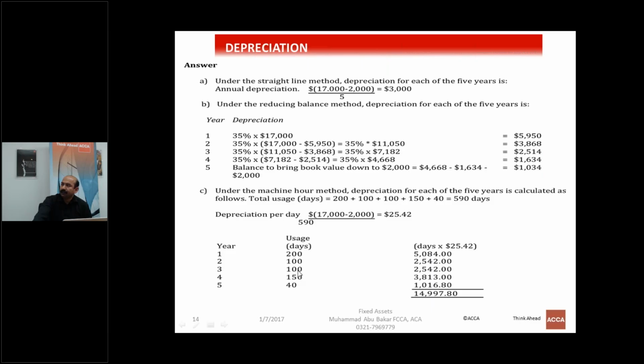In year 3, we used the lorry for only 100 days, so the depreciation is this much. Whereas in year 4, we used the lorry for 150 days, so the depreciation expense goes up because we linked the benefit with the usage, on a machine hour basis.